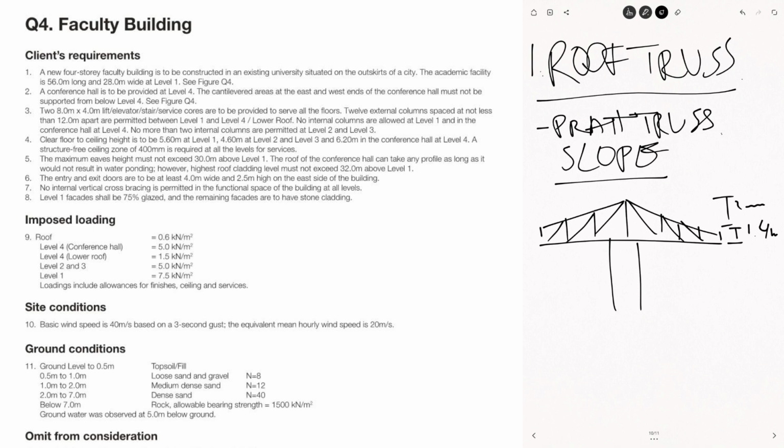We know that the truss spacing is approximately 12 meters, which is the column spacing, and for the span, the worst case scenario was the cantilever.